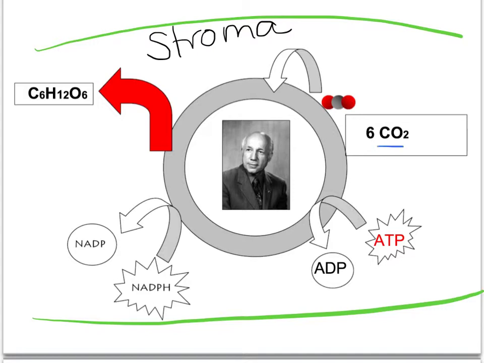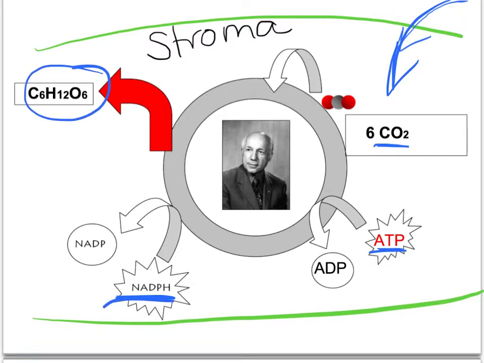And then in the Calvin cycle, we have carbon dioxide coming in. That carbon dioxide is going to come in from the air, and it's going to enter the leaf through the stomata, and then it's going to diffuse into the chloroplast, into the stroma. So our CO2 is entering in. And then it's going to use the energy from the ATP and the NADPH to produce glucose.